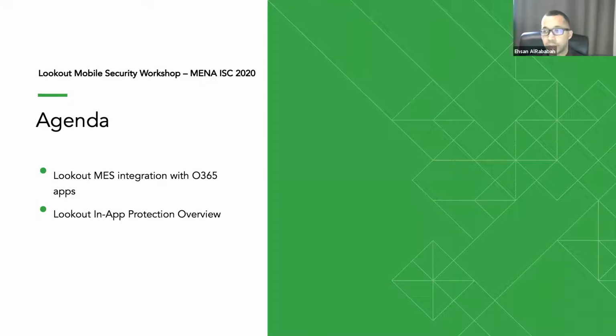Then we'll explain how Lookout In App Suite modules will help you address these security gaps and risks, so you will have better visibility and better protection for your customers, and you will mitigate any bad consequences of any customer data breach through your mobile application.